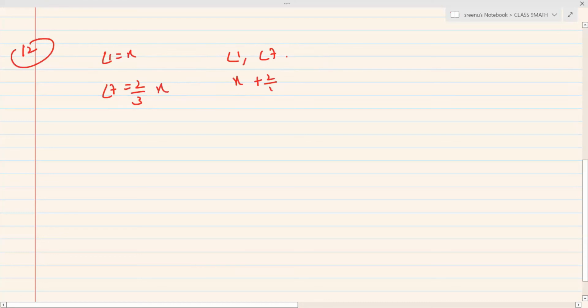X plus 2 by 3x is equal to 180. You get the x value and then you tell me the angle 5. And 19th also you have to do. Angle 2 is given 2x plus 30. 2 and 4 are equal. Then you get the x value and tell me the angle 5 value. Do these two sums.